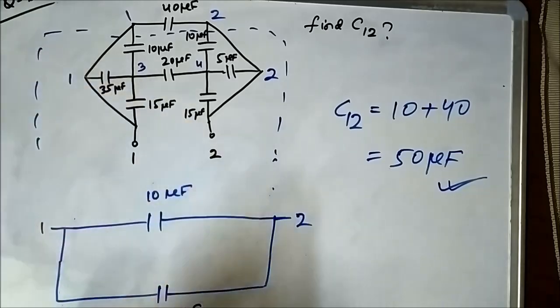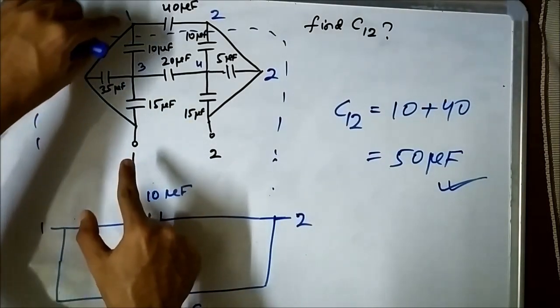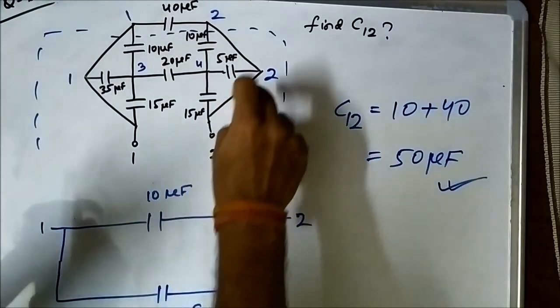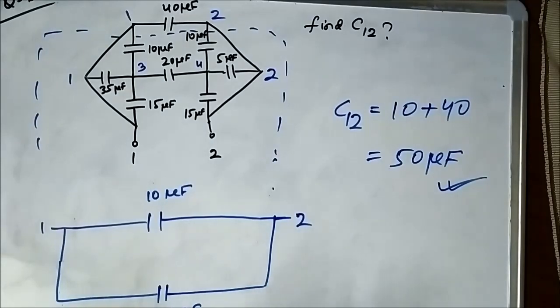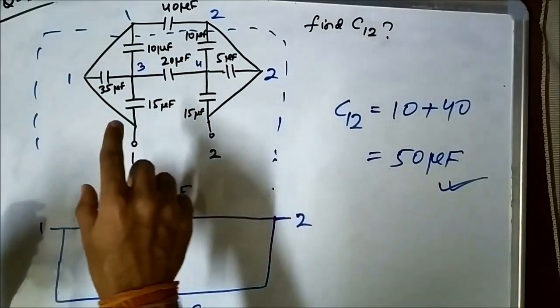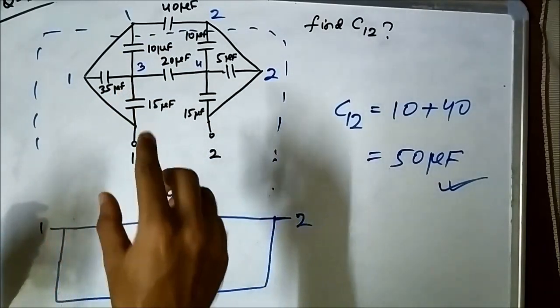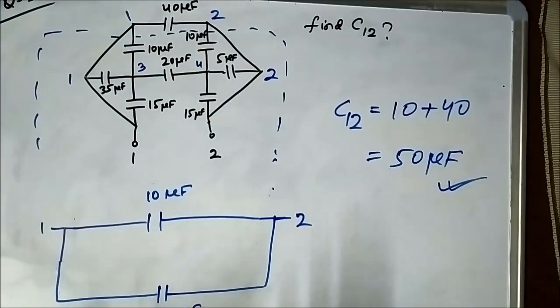If we name the terminals, this is 1, so the shorted terminal will also be 1, this is 2, and the shorted terminals will be 2. Then it will be easy to handle the circuit. Then we can find out in between any two points, 1 and 2, 1 and 3, 1 and 4, 2 and 4, which capacitors are connected and how many. Then we can easily handle the circuit.